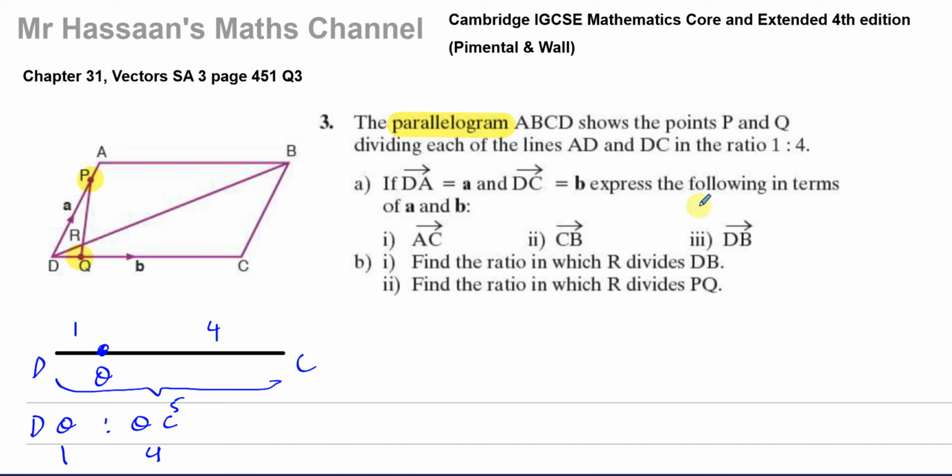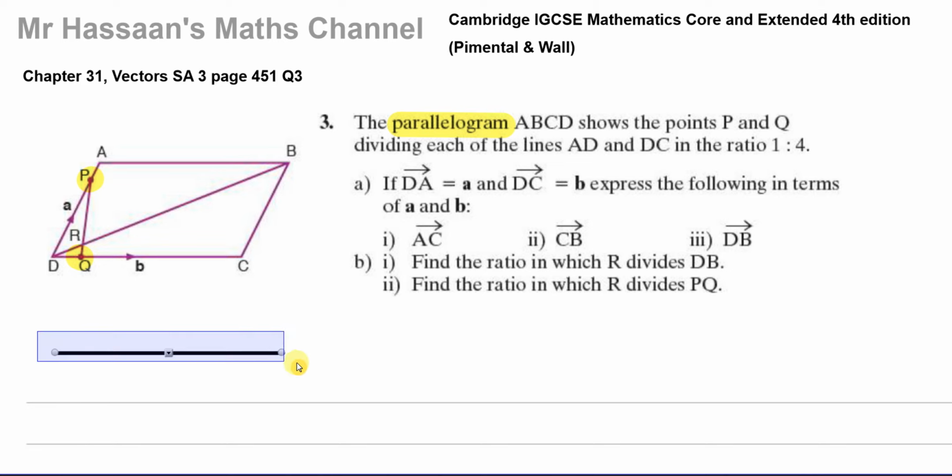Similarly with lines, if DC is divided in the ratio 1 to 4 by the point Q, that means DQ is 1 part and QC is 4 parts. That's important to understand, and it's going to come back towards the end of the questions, a little twist that we'll see.